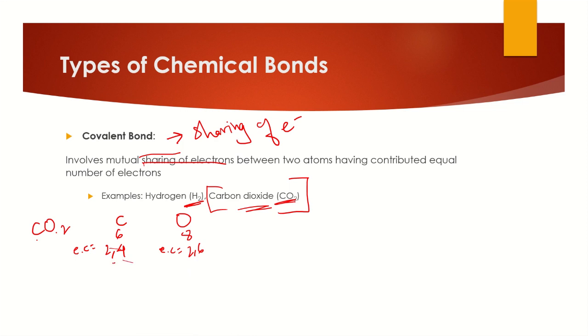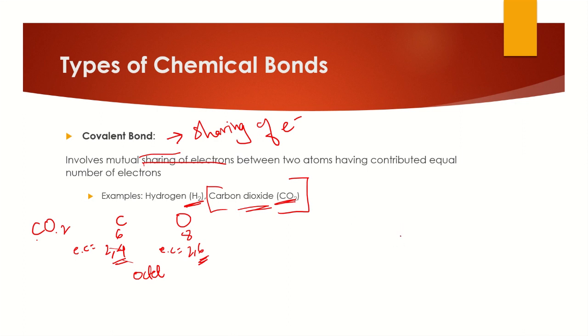If you look at the valence electrons, carbon has only 4 and oxygen has only 6. So to become stable, carbon needs to gain 4 more electrons to reach octet state. Oxygen needs to gain only 2 electrons.